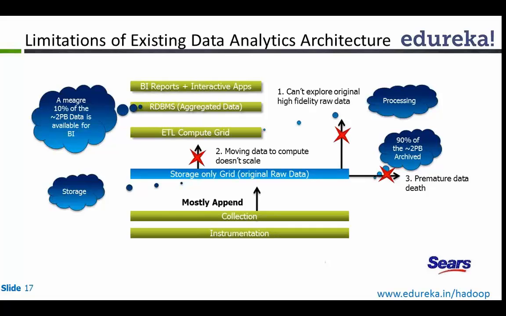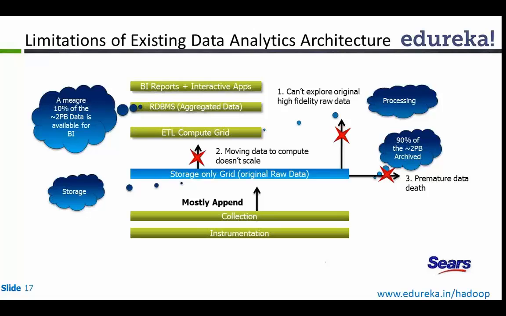And the second thing is moving the data, say for example aggregating the raw data directly to the computing storage, doesn't offer you the scale, because your underlying RDBMS storage platform cannot store a massive scale of data. For that reason, we cannot move the raw data directly into the end storage. So we have to strip the data, and that storage platform also does not offer us scalability.